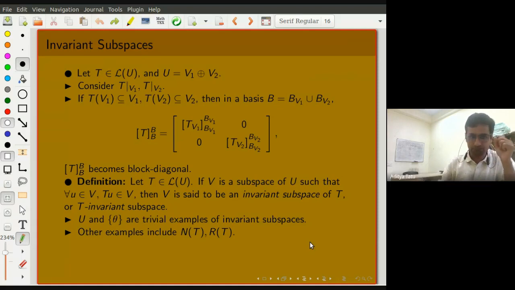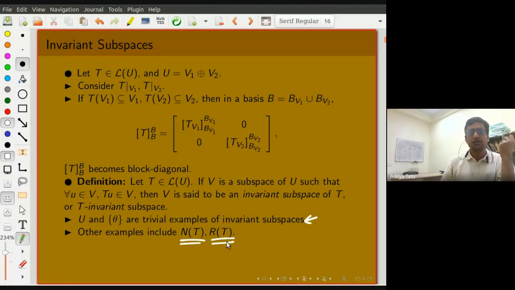Towards the end of the last class, we saw some examples of invariant subspaces. Two more generic examples of invariant subspaces are the kernel or the null space of the transformation, as well as the range of any transformation.